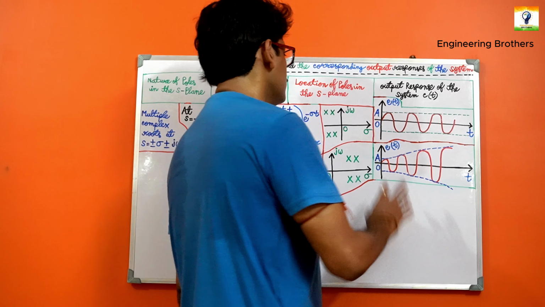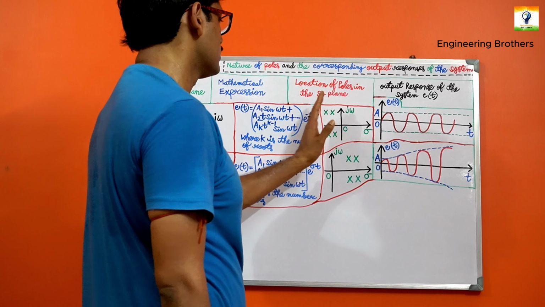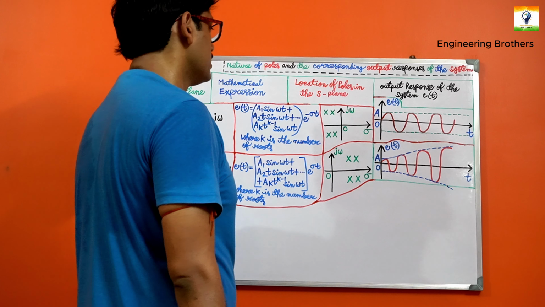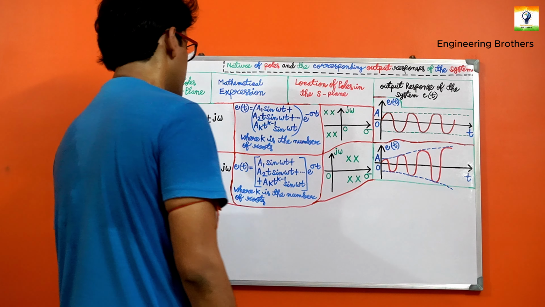First of all, by looking at the location of our poles on the s-plane, the poles are located repeatedly at the same point.